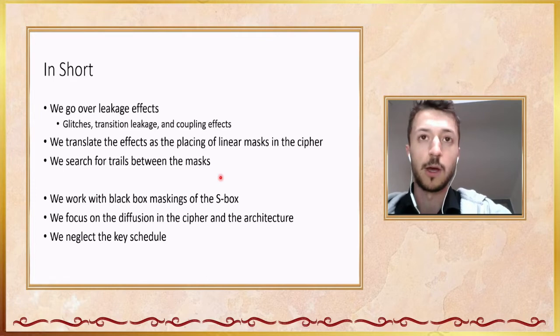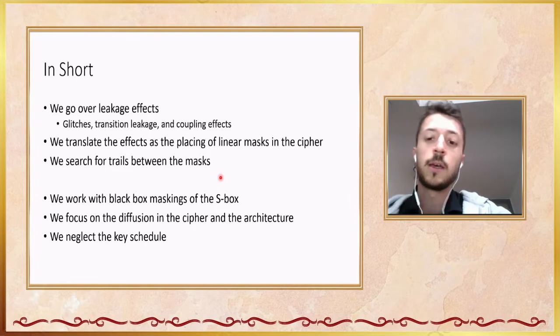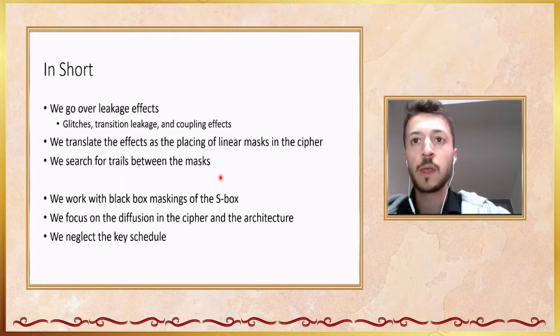Some notes here: we're going to work only in first order security, for ease. We're going to consider that the maskings of our S box are black box. So we're not going to focus on very specific maskings of the S box. We're going to try and make those as general as possible so that we include a lot of maskings that are already in the literature.